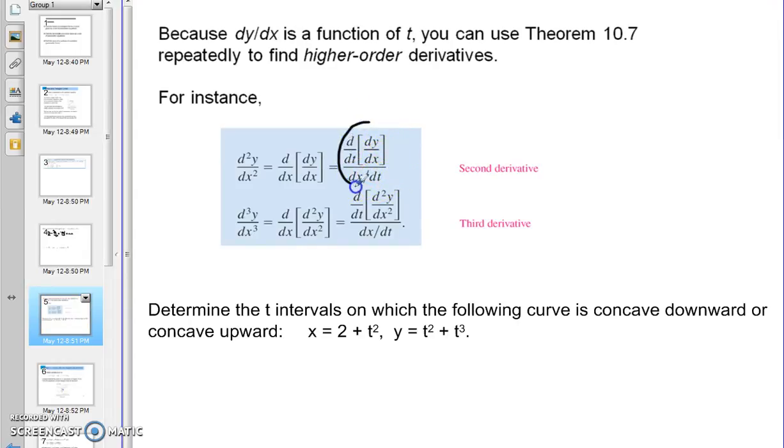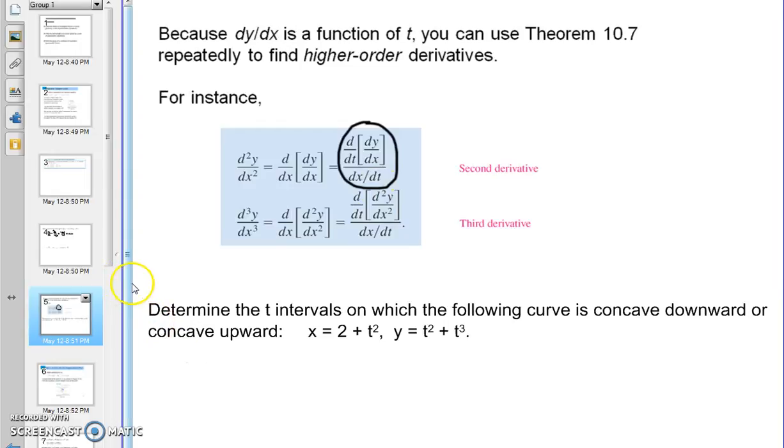Keep this in mind. We're going to use this one a whole lot more than the third derivative, because we want to look for things like concavity. But you'll notice it's the derivative with respect to t of the first derivative, basically. The bottom simply stays dx/dt. You only do that once.